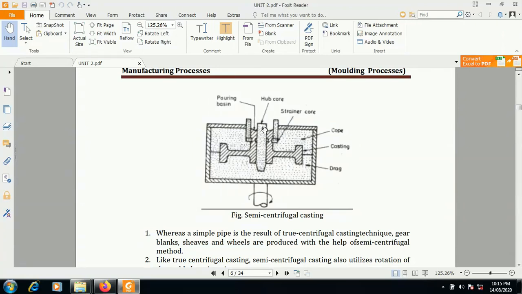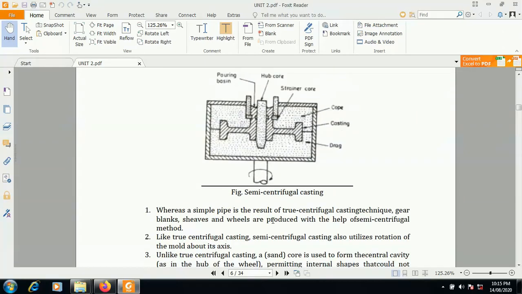At both sides the pouring basin is present through which metal enters the mold cavity, and that metal is passed to all the parts of the mold cavity. Here you can see the mold cavity is made in two parts, the cope section and the drag section. The imaginary line joining the cope and drag is called the parting line.